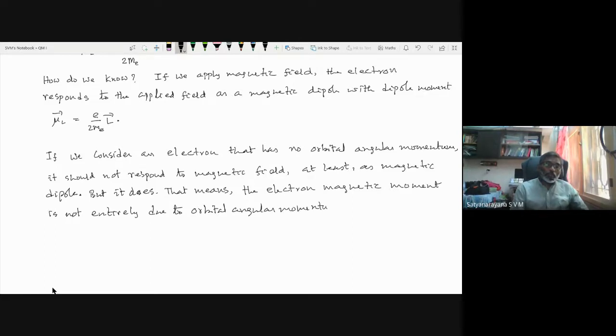It's not entirely due to orbital angular momentum alone. There is something else.